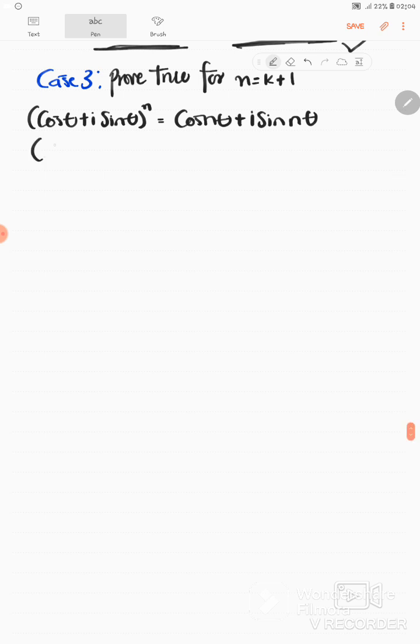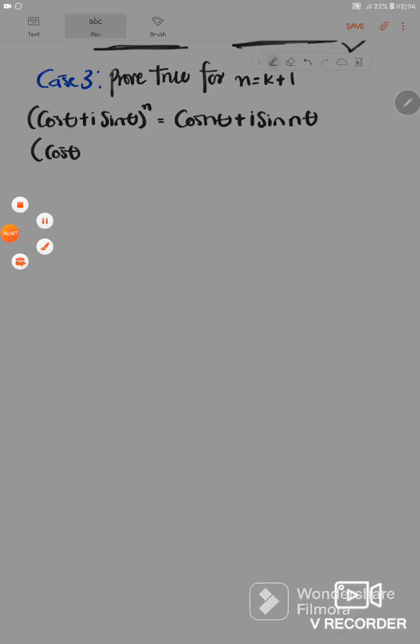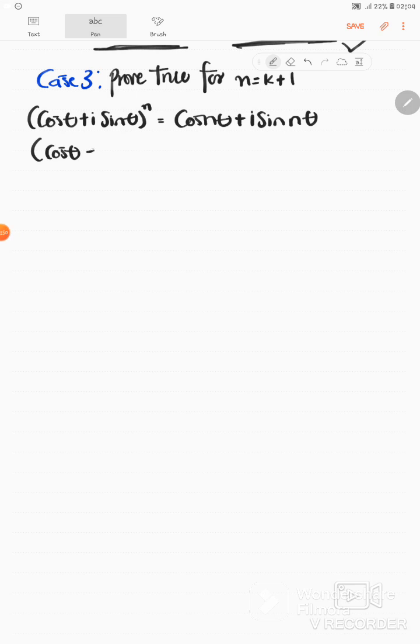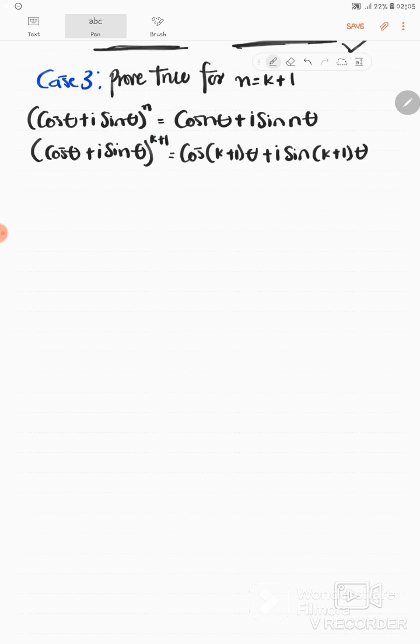Now we're going to have (cos theta plus i sin theta) raised to power k plus 1 equals cos (k plus 1) theta plus i sin (k plus 1) theta. Now what we got here is cos (k plus 1) theta plus i sin (k plus 1) theta. Let's leave this as this.